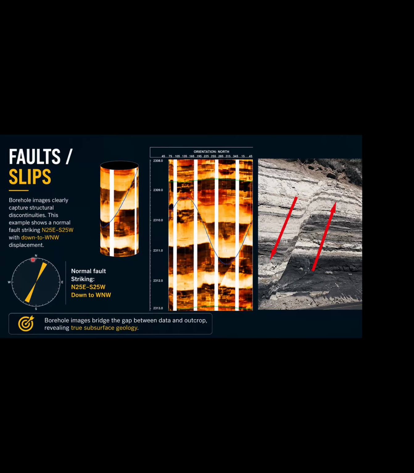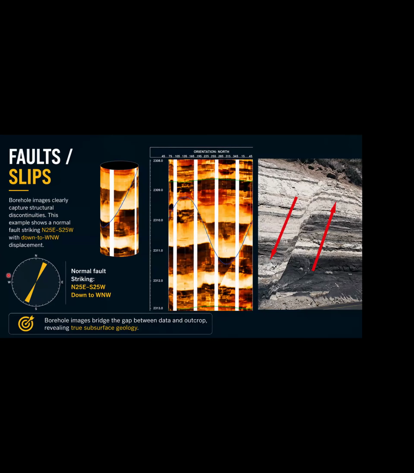So in this case, for example, if this fault is striking north-northeast to south-southwest, then the true dip could be east-southeast, or it could be west-northwest. And simply we can identify this from the pick.